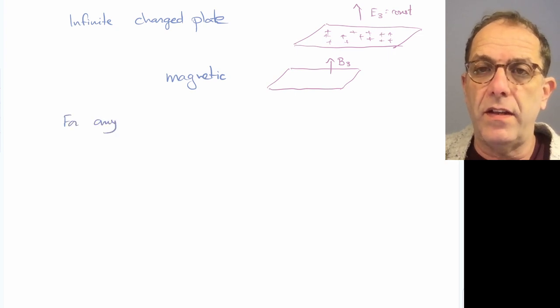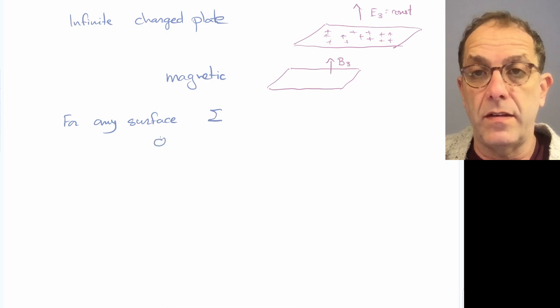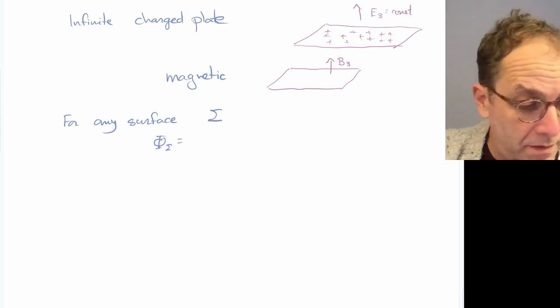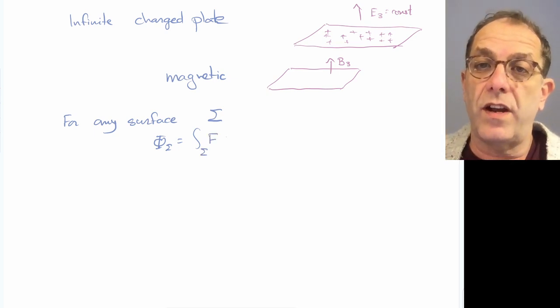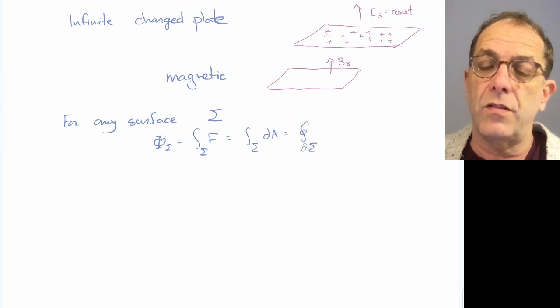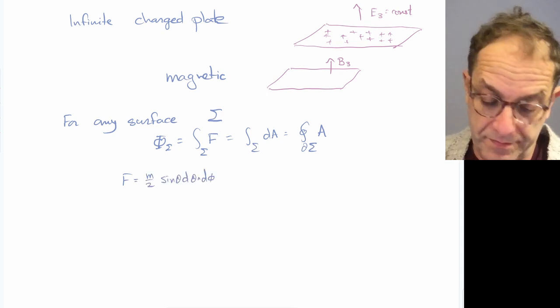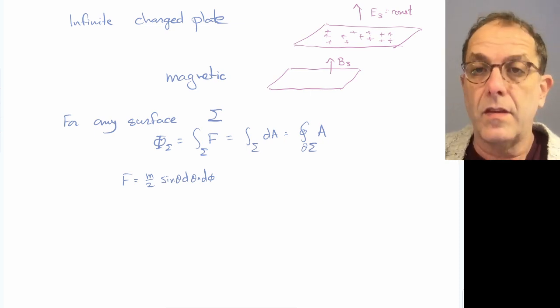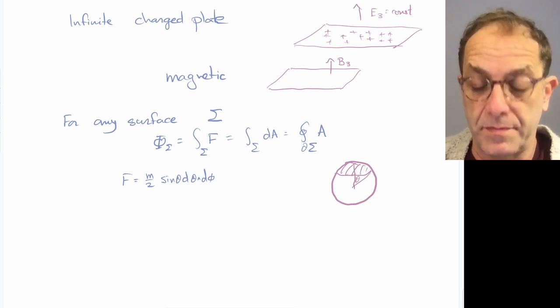Whatever magnetic field we have, we can define the flux through any domain sigma, and by Stokes' theorem we can write it as an integral over A. So let's examine again the case of the magnetic flux on the 2-sphere and take sigma to be this region above a latitude theta.